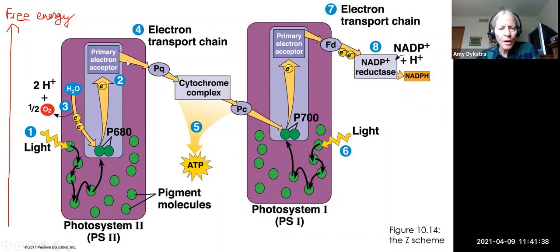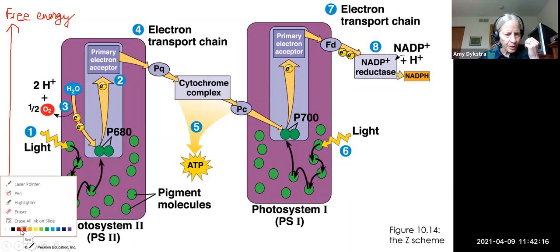Meanwhile, the electrons are passing through several electron carriers. And similarly to what happens in the mitochondrial membrane, as electrons are passed from the primary acceptor to the plastoquinone, and from the plastoquinone to the cytochrome, and from the cytochrome to the plastocyanin, hydrogens, and I'm going to have to draw this in also, oh, I should have left my pointer.